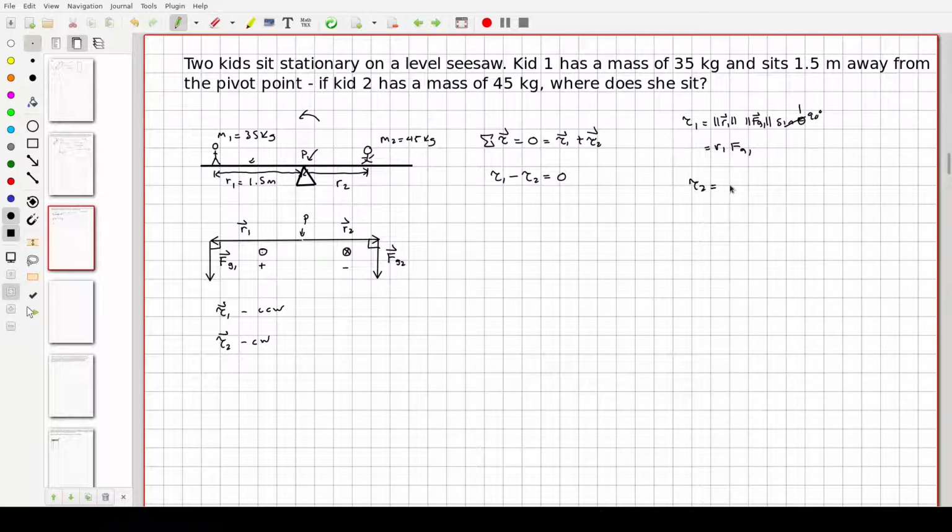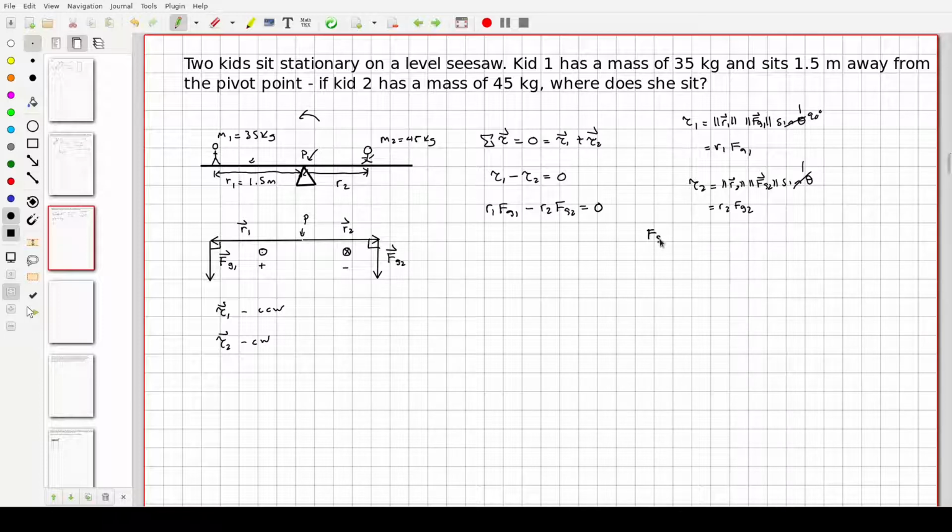Torque 2, R2 FG2 sine of theta. Again, 90 degrees, so that's 1. So this is just R2 FG2. So you add the torques. R1 FG1 minus R2 FG2 is equal to 0.